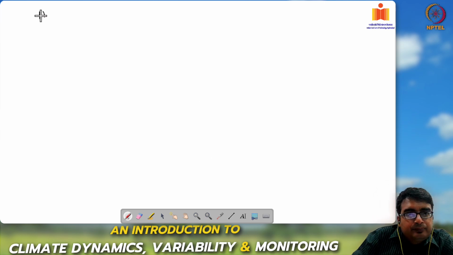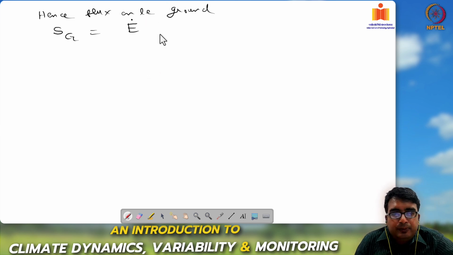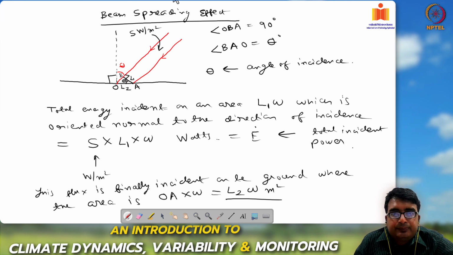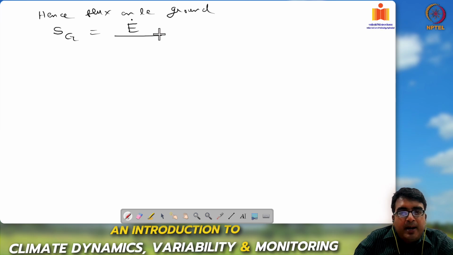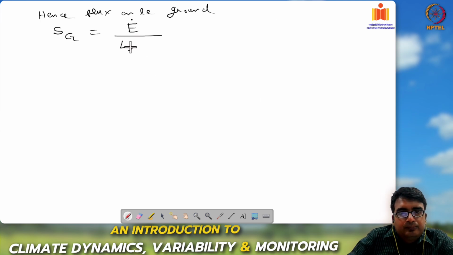Hence, flux on the ground, let us call this Sg, is equal to the total energy coming into the ground, which is E dot, the total incident power, because it's in watts, divided by this area on the ground, which is L2 into W, watt per meter square.